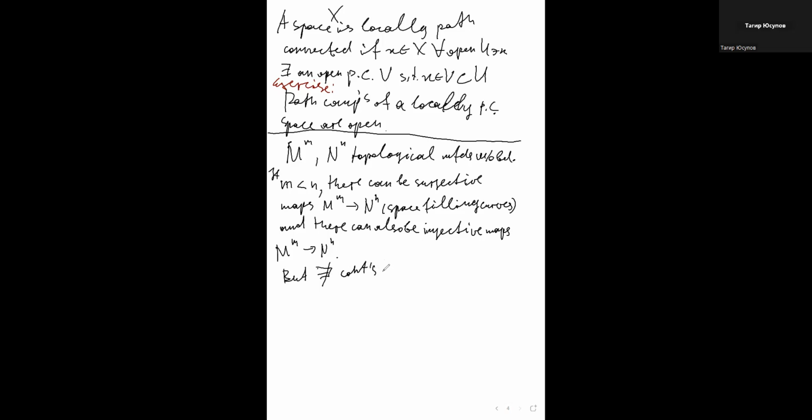But there are no continuous bijective maps. And this follows from the theorem we've just proved, and it's one of the exercises in the first problem sheet.